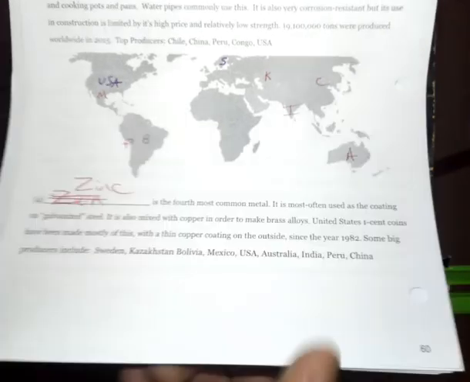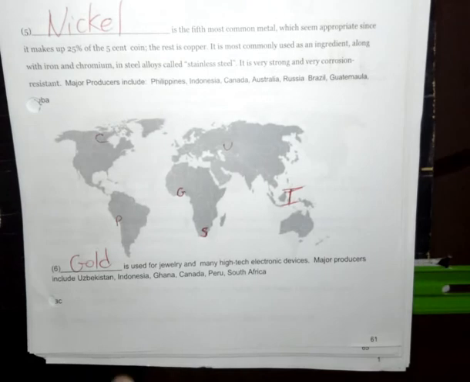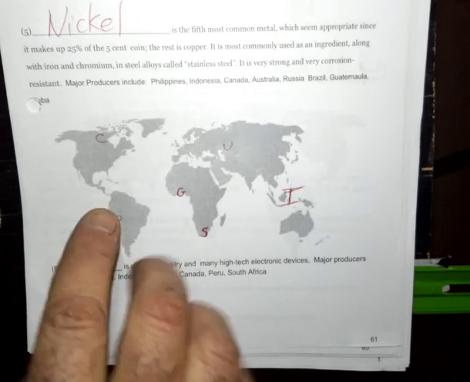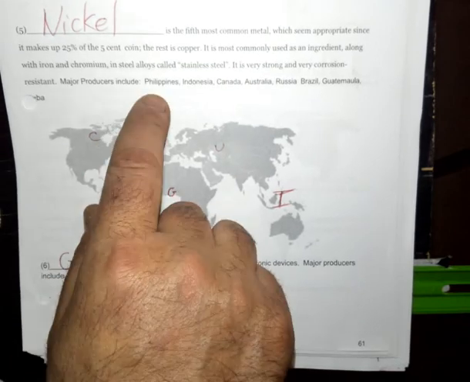Next page. Nickel, the fifth most common metal. Part of stainless steel. Stainless steel is made out of iron and many other things, but it's mostly iron. The nickel helps to have its special properties. It's found in places like the Philippines over here.